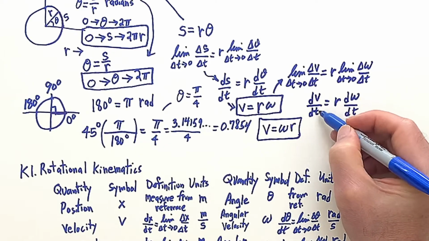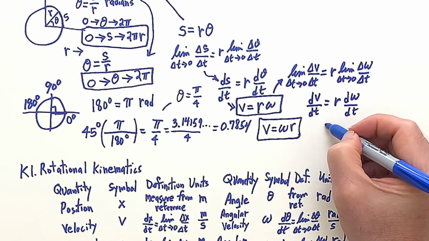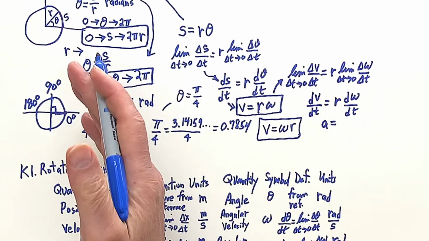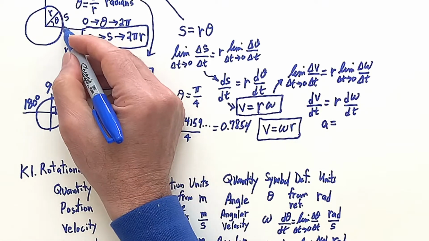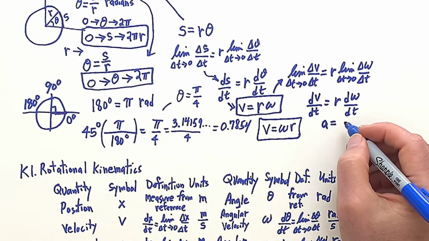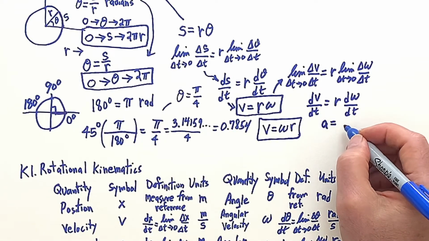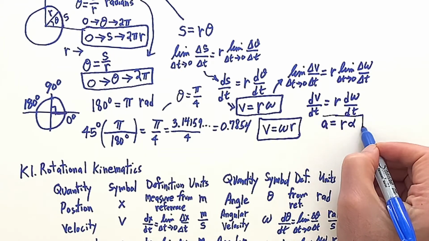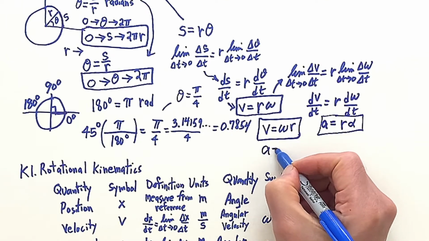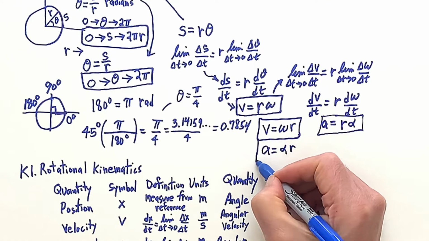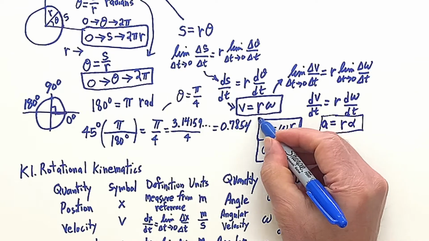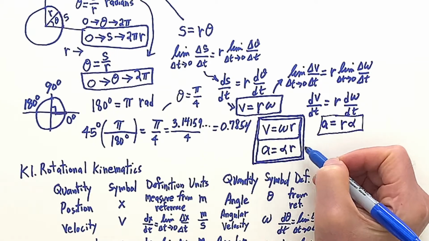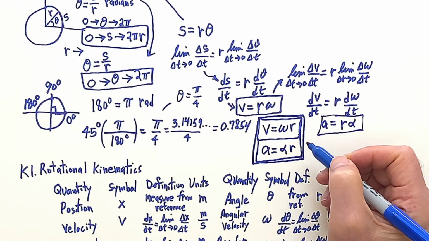And now we have the result that the linear acceleration, well, it's along the path. It's along that curve. So we would just say acceleration is equal to R times alpha, which I like to write down alpha R. So these are the two equations right here. Omega R is V and alpha R is the acceleration.